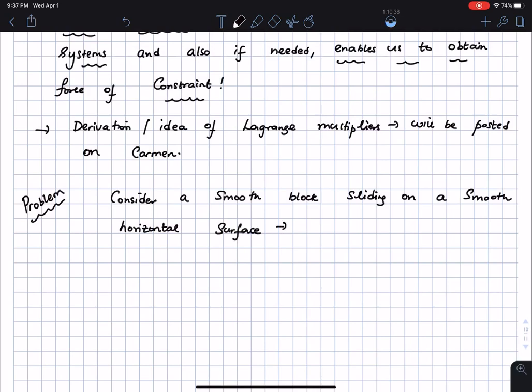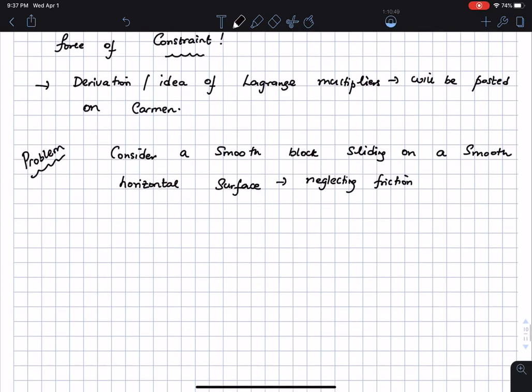This essentially means that we do not have any friction, so we are neglecting friction. And we are saying that the block is moving due to initial conditions.